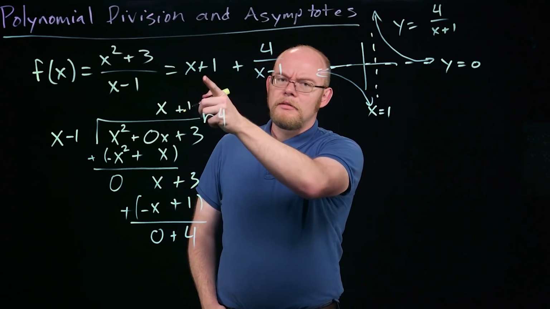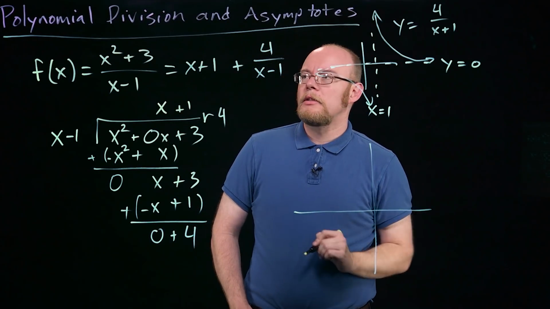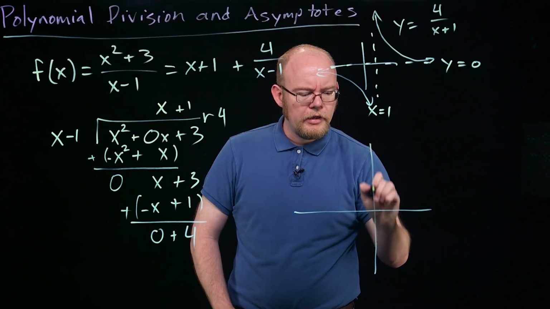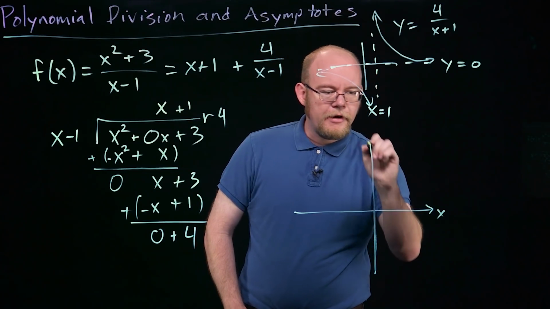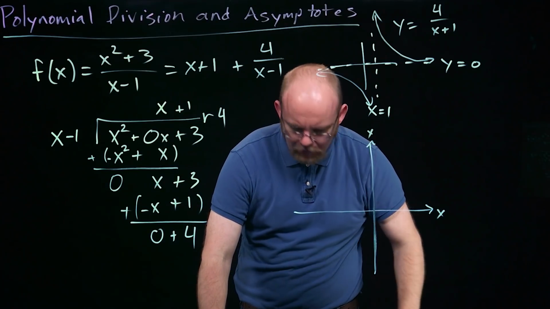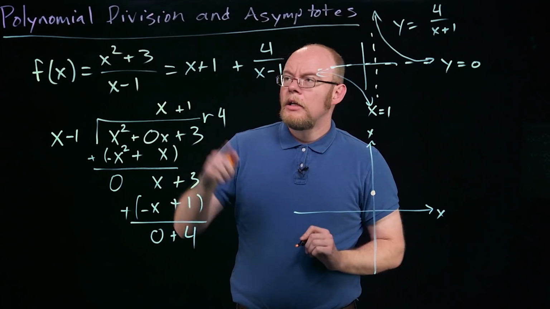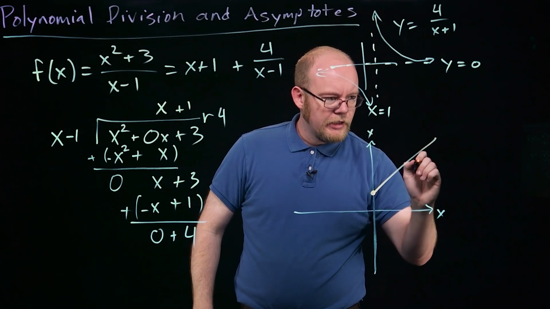Now if we look at that, there's also an x plus 1 here. So let's graph that for a minute. I'm going to do that as a dotted line. If I graph that, well, it's got a y-intercept of 1 and a slope of 1, so it looks something like this.